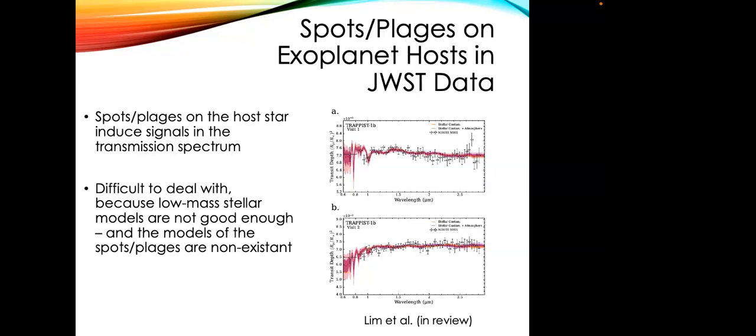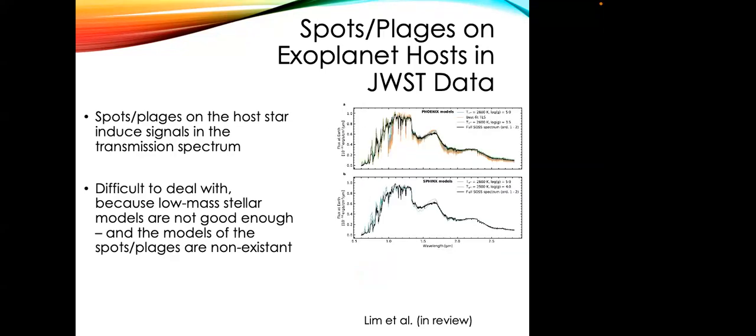And one of the main reasons we think is that the stellar models for TRAPPIST are terrible, like really, really bad. These are the state-of-the-art Phoenix and Sphinx models, and you can especially see, between 1.3 and 1.8 microns, there's a huge mismatch.